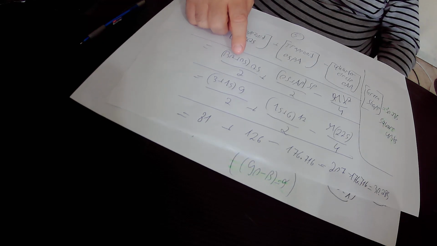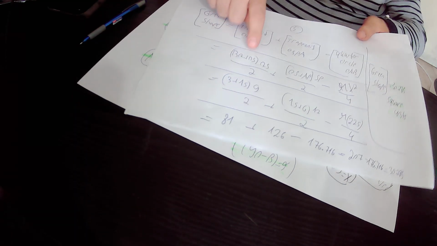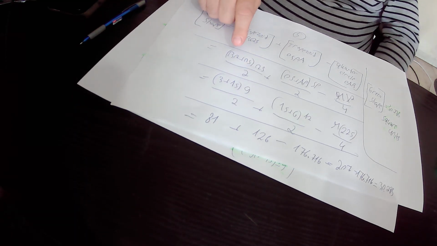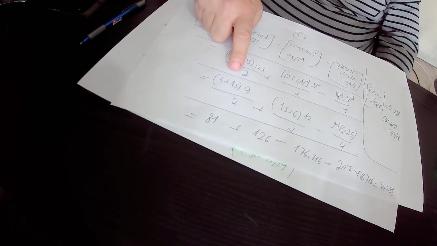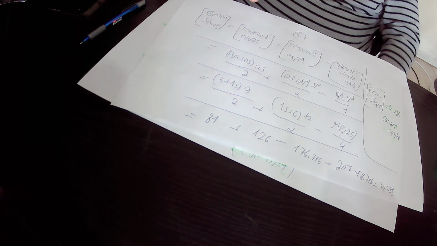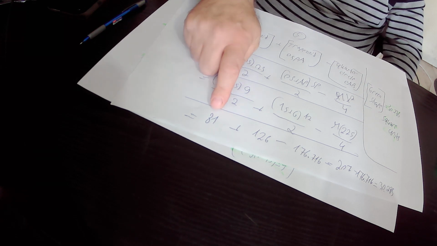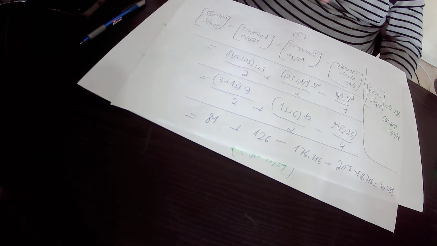BQ is 3, OS is 15, the height QS is 9, divided by 2. 3 plus 15 is 18, 18 over 2 is 9, and 9 times 9 is 81. In conclusion, we found out that the area of trapezoid OBQS is 81 square units, plus the area of trapezoid OSPA.